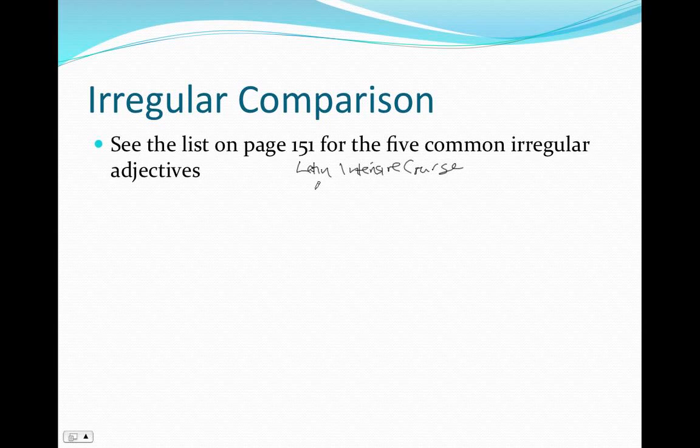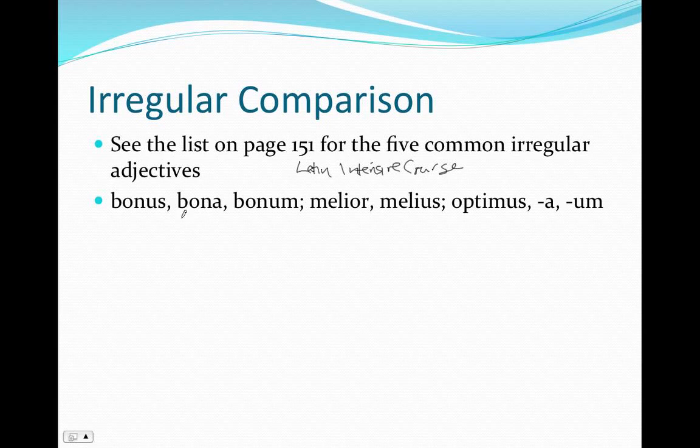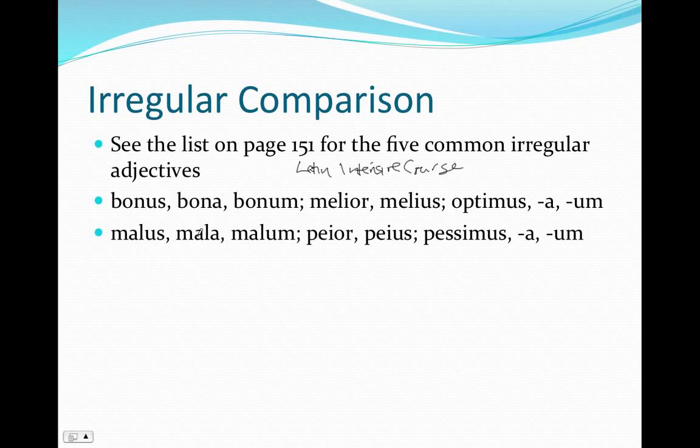They can be found other places around the internet. Two of the most common, bonus, bona, bonum, good, melior, melius, better, optimus, optima, optimum, best. Or malus, mala, malum, bad, peior, peius, worse, pessimus, worst.